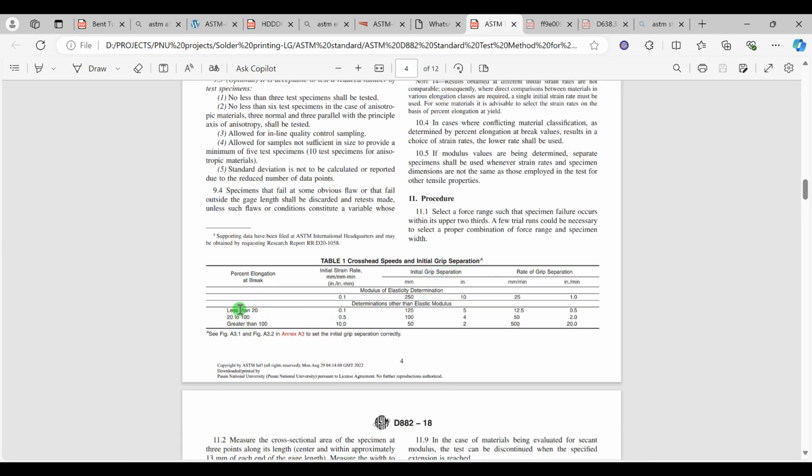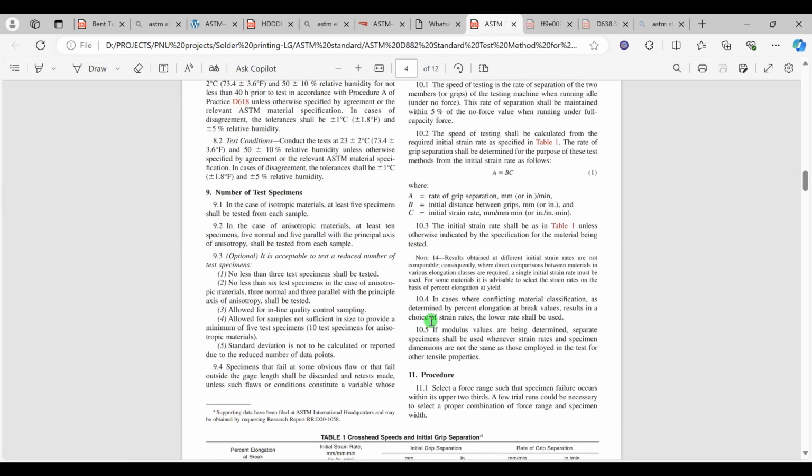Based on the elongation and the strain rate, you can find the good speed for your test.